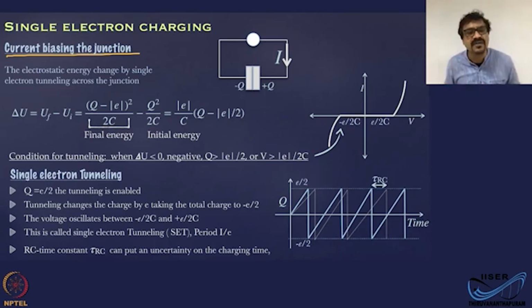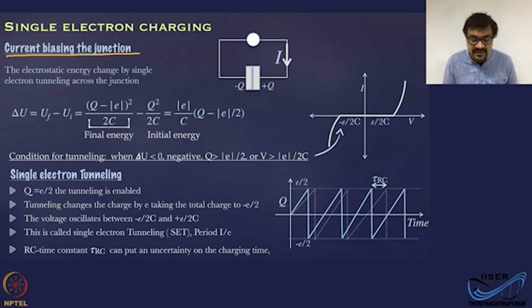So for this discussion, let's assume that you have a current source driving a current through this system. Now, the electrostatic energy change because of the charging and discharging process, delta U, is the final energy minus the initial energy. So assume that you are adding an extra electron, that is the charging process.